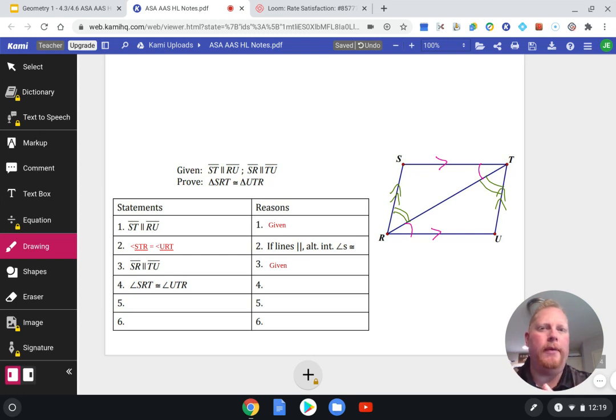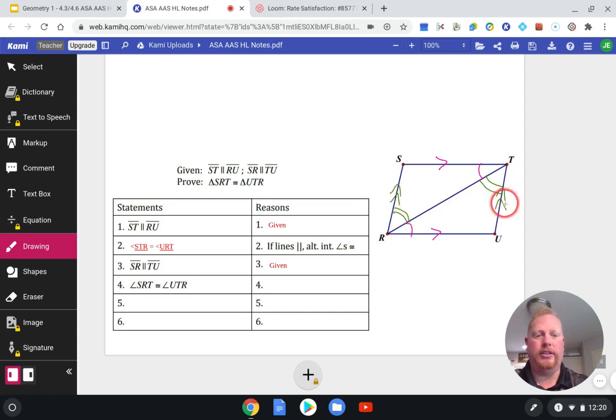So what will happen sometimes when we have a situation like this where they tell us the top and the bottom are parallel, the two sides are parallel, some people will say, oh, well, if these two sides are parallel, then these two pink angles have to be congruent. And they mix up which angles are congruent based off the parallel lines. So I color-coded them so that you can very clearly see that when the top and the bottom, the pink lines, are parallel, those pink angles are congruent.